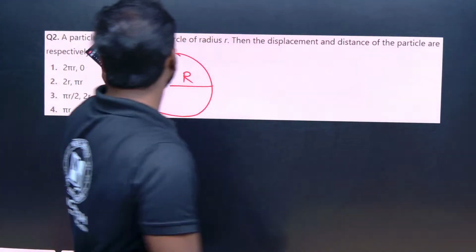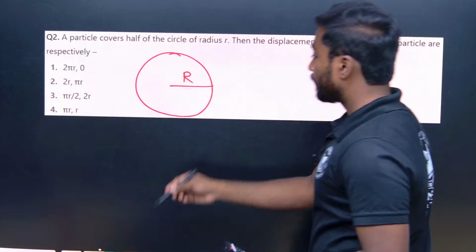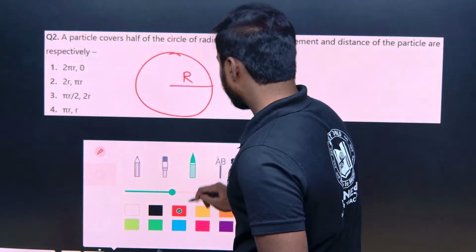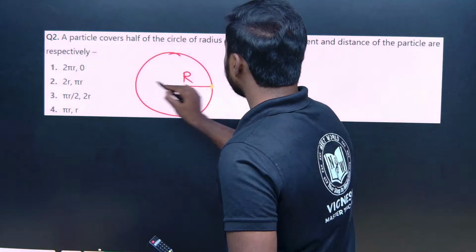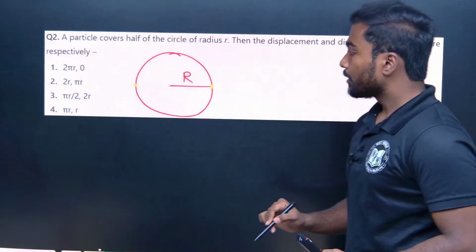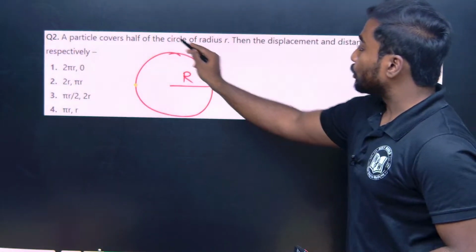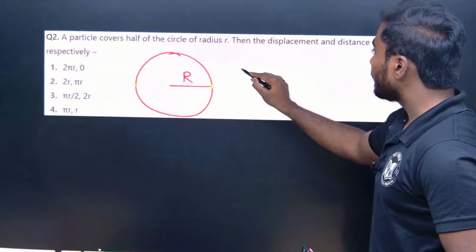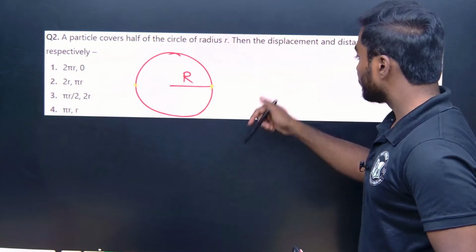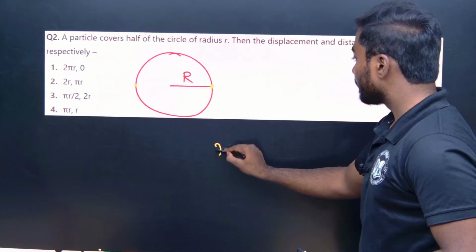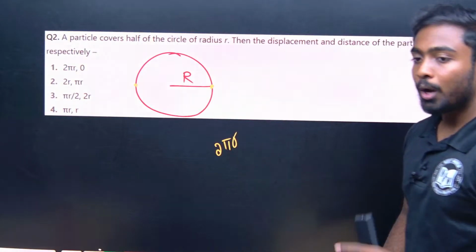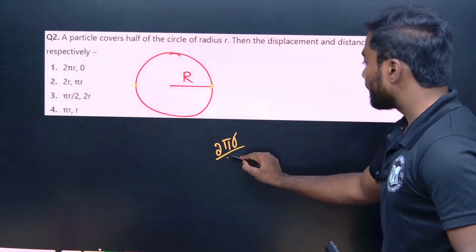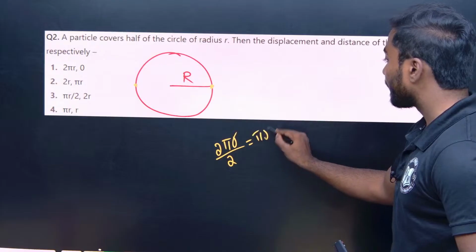They said half of the circle, which means from this point to this point it has travelled. The total circumference is 2 pi r. Half means divide by 2, which is pi r.